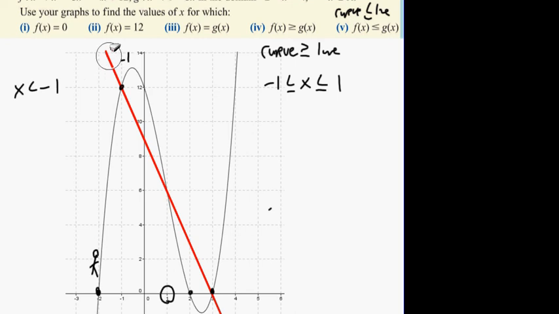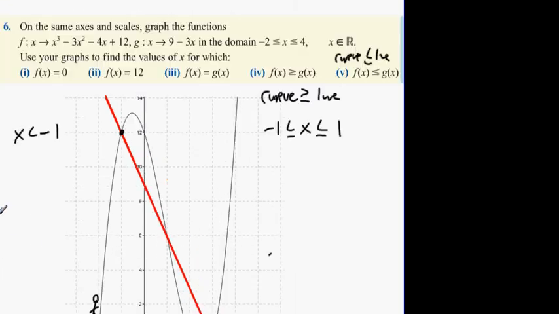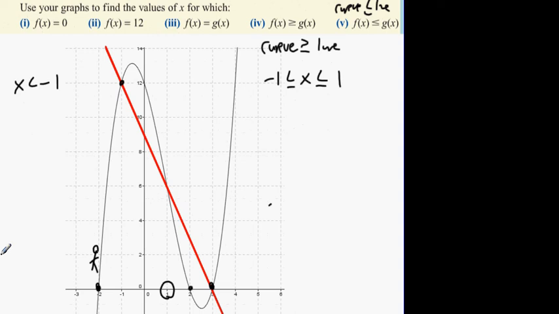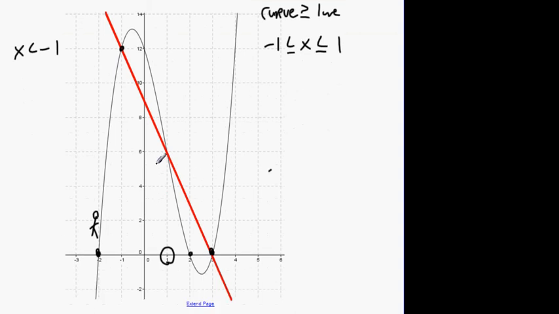Then at the very end of the question, which is here, when is the curve smaller than the line? Oh yeah, in between here and here, isn't it? It's any value smaller than -1. But look at here, guys. The guy on the line is up here, yet the guy on the curve is down here. So it starts at 1 and it ends at 3.